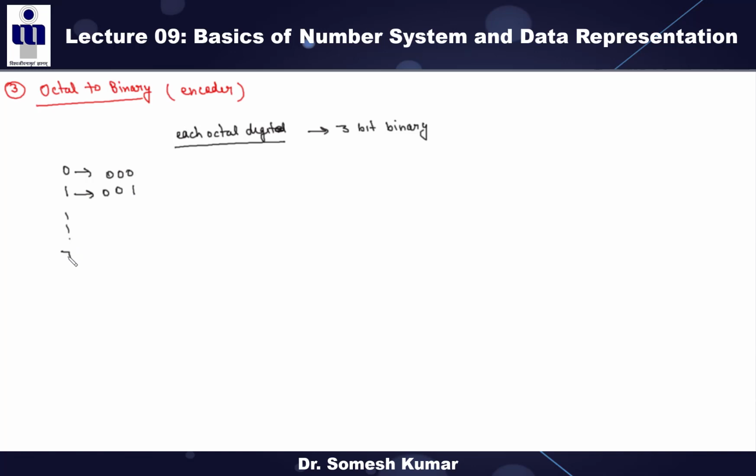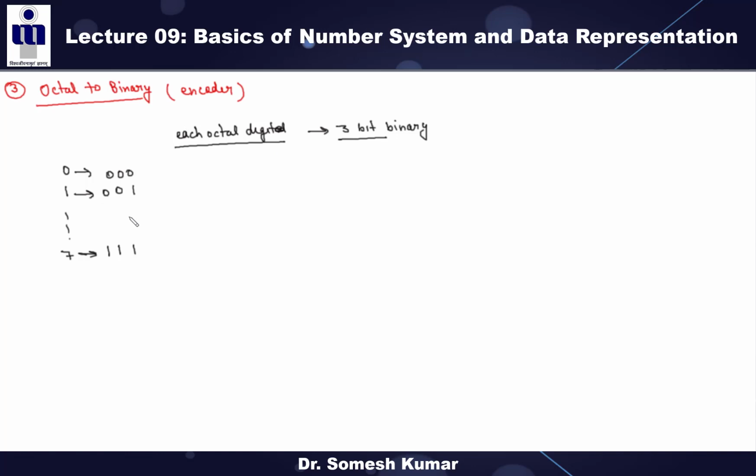And up to 7, how can 7 be represented in binary? 111, right? Clear? So that's why each octal digit can be shown with 3-bit binary.